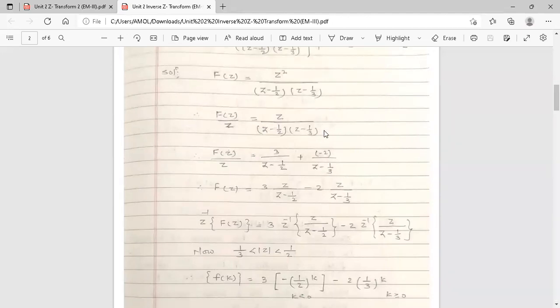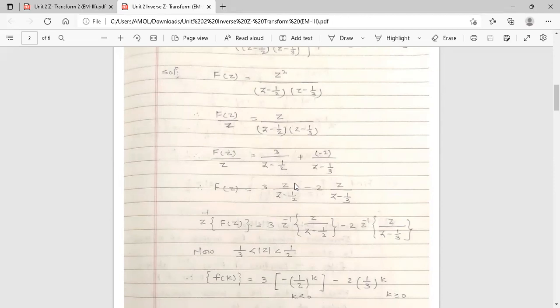Now we are going to do the partial fraction here for this term. F of z upon z is equal to, to separate the denominator's two factors, we write a upon z minus 1/2 plus b upon z minus 1/3.